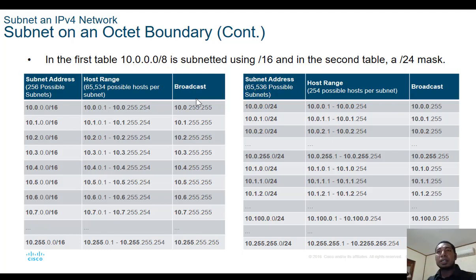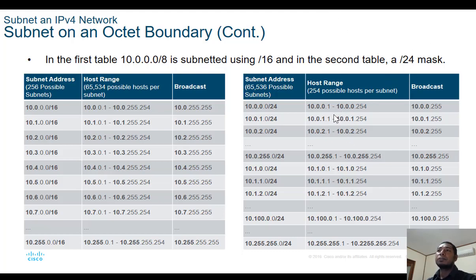What's in between your subnet and your broadcast is your usable host range. So if you look at the middle column, these are all the host ranges for each individual subnet within that 10.0.0.0 subnetted using /16.